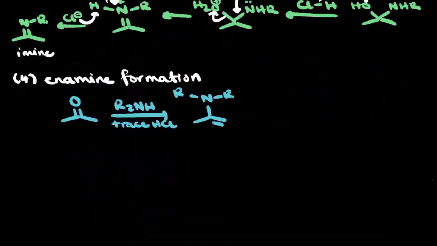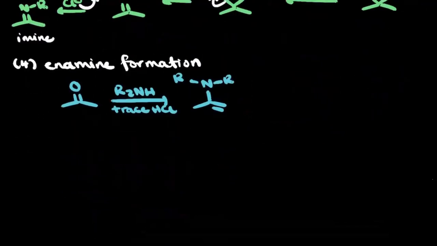Now the mechanism will look the same. So from where you start, I'm not going to draw the whole mechanism just because it'll be a little redundant. Right, so you end up with this. So you start off with this intermediate.